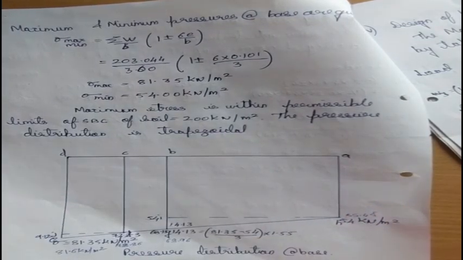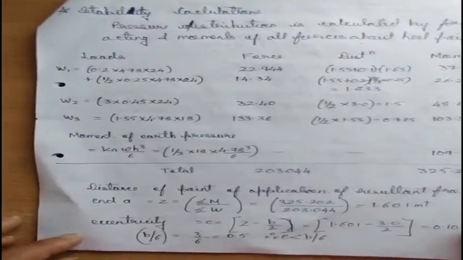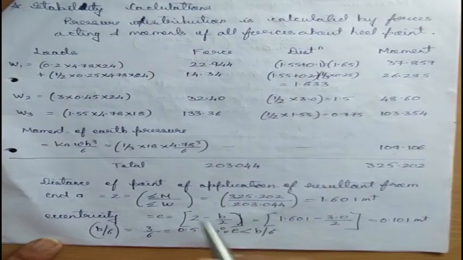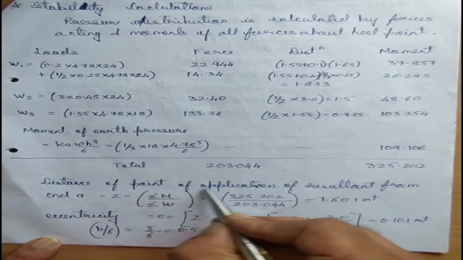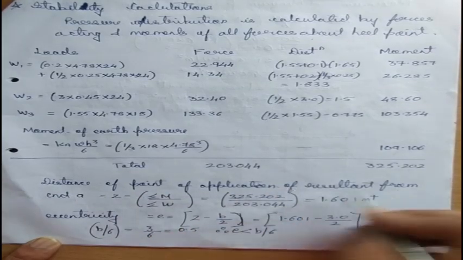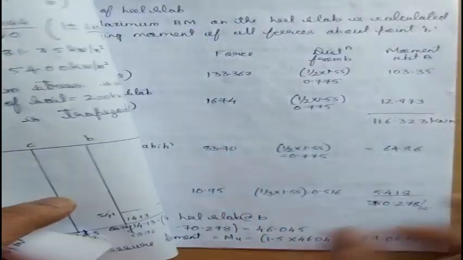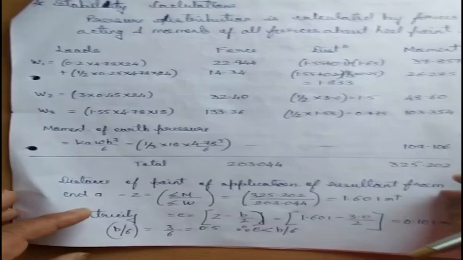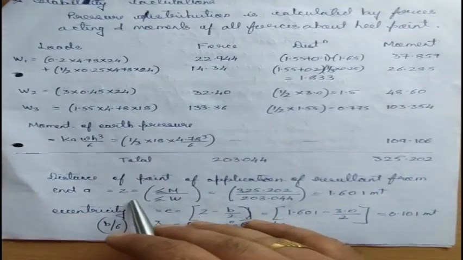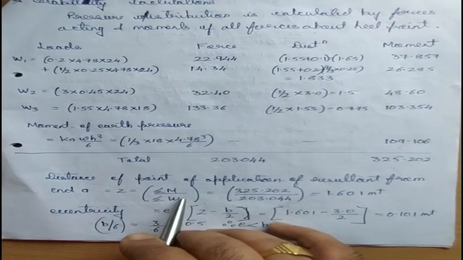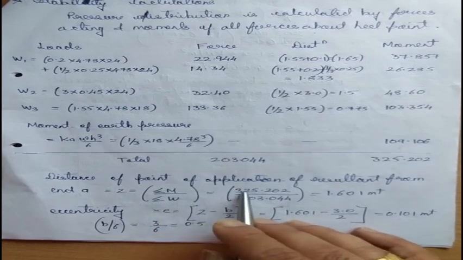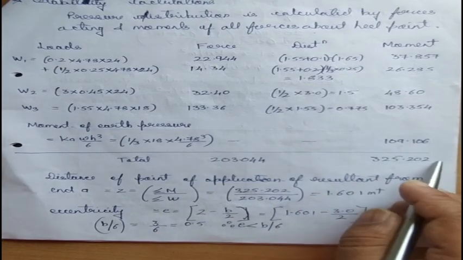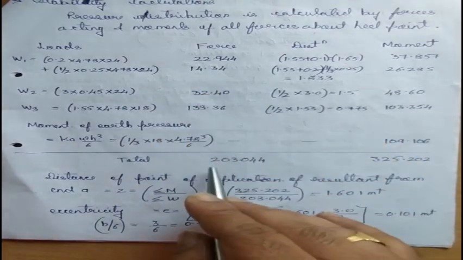Now we have to find out the pressure distribution. So let us find. So first find out the eccentricity. So distance of application of the point of resultant from end A. So it is from the end A from here. Okay, let us see. So which is given by Z is equal to summation of moment divided by summation of the forces. So summation of moment is nothing but 325.202, and summation of the forces is nothing but this.